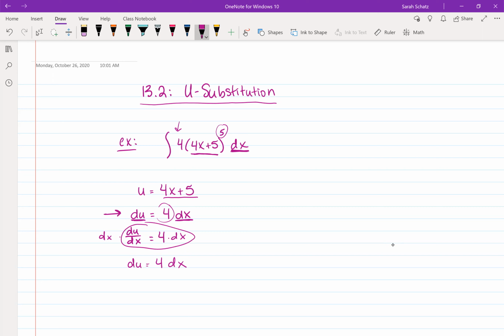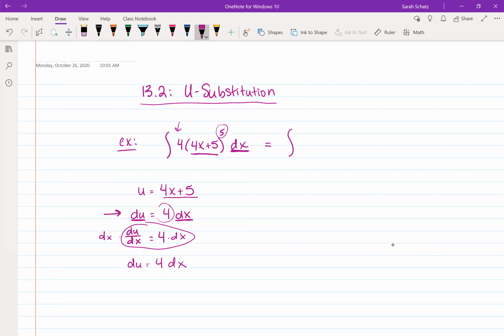So what we've done so far is we've picked out a u, and I've said u must be the 4x plus 5. It's the thing in parentheses. If u is 4x plus 5, I found that du is 4 dx. And now I am going to rewrite my antiderivative, not in x's, but in u instead.